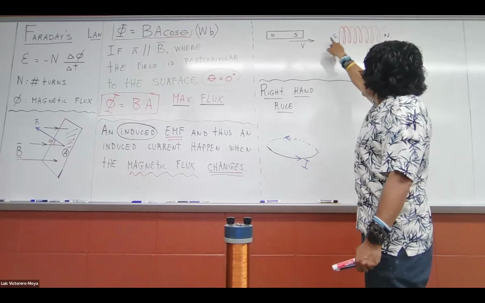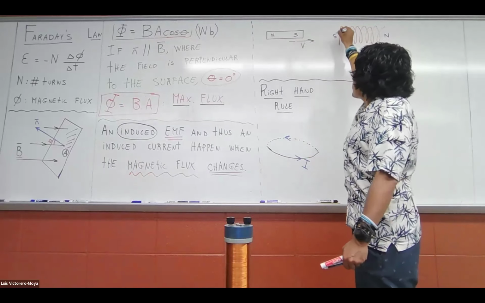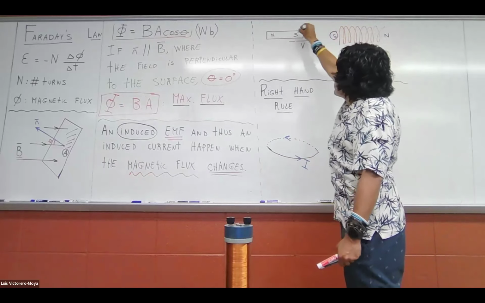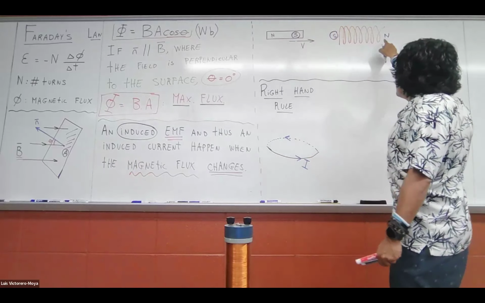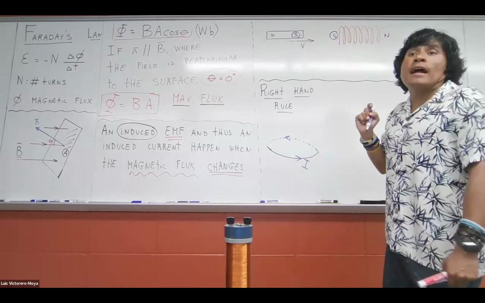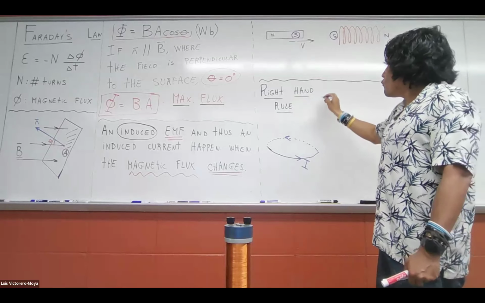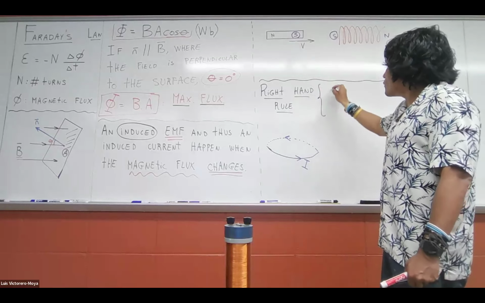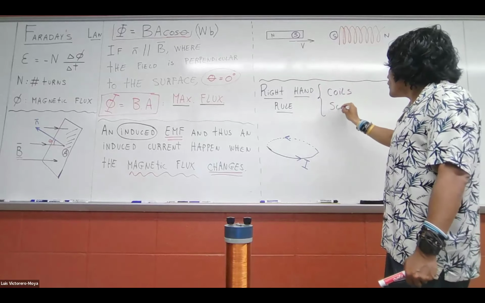Why? Because then the south will repel the south. Okay, that's why. So if that's north and that's south, I can determine the direction of the current now. That will be the right-hand rule for coils or even solenoids.